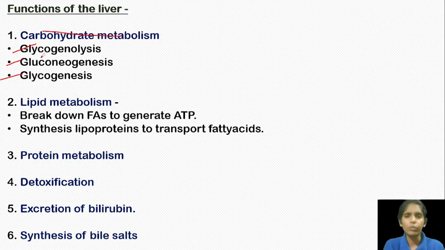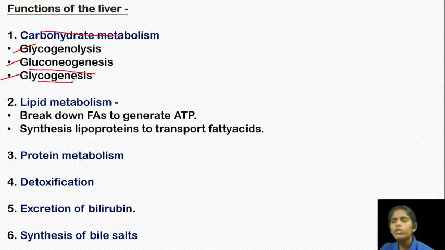So whenever the body needs energy, the glycogen is broken down into glucose molecules and these glucose molecules are converted into ATP molecules. And gluconeogenesis is the synthesis of glucose from sources other than glycogen, like from proteins and lipids.